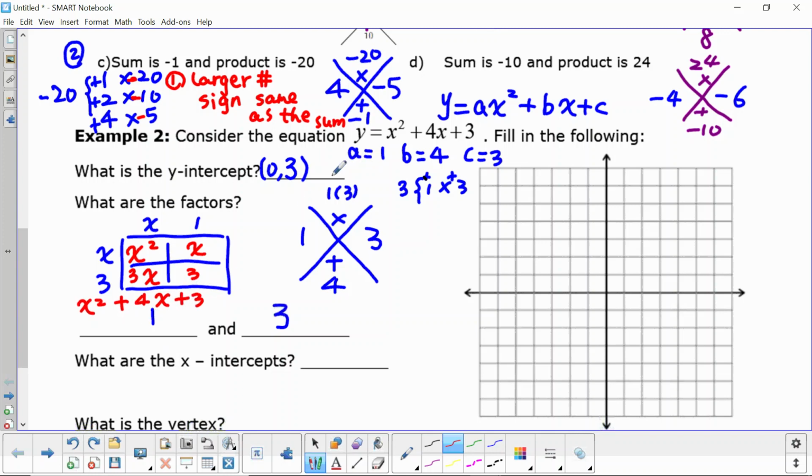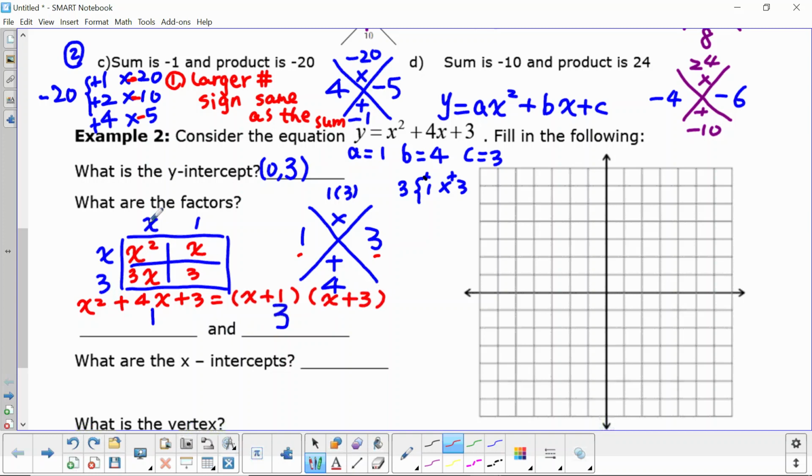Now you will see that's the reason why we want to use the X game to find these two numbers, because these two numbers are the numbers inside the brackets. So this is equivalent to x plus 1 times x plus 3.